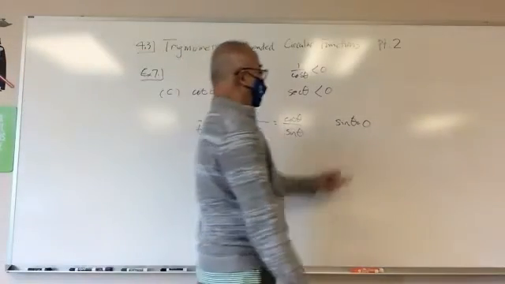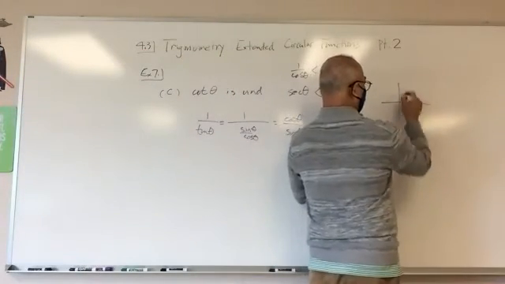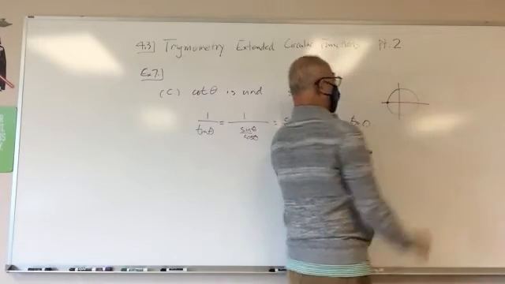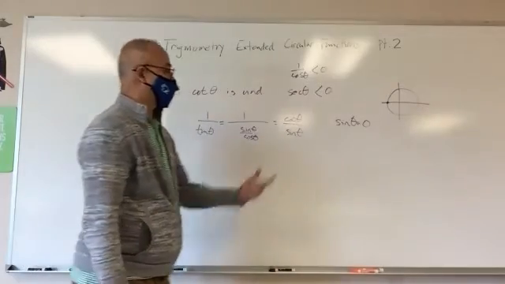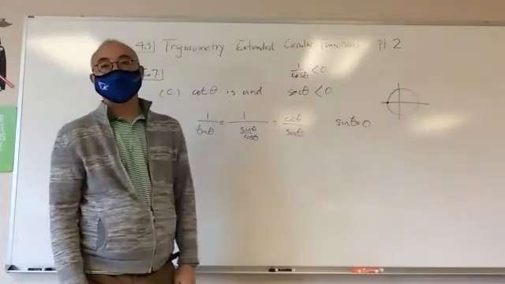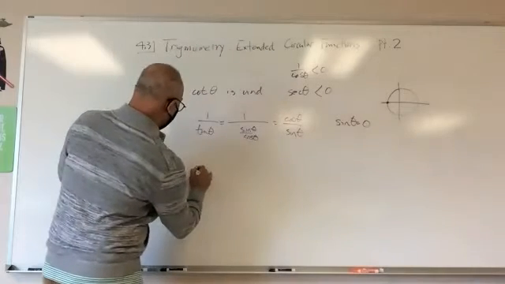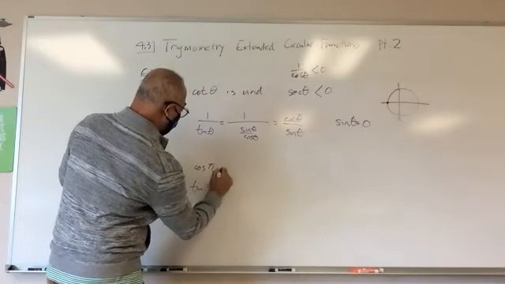Okay. So what does this tell us? It's going to be 0, so it's going to be here on this side, right? So theta is basically pi. And I want to know what the cosine value is, cosine pi, and I want to know what tangent pi is.